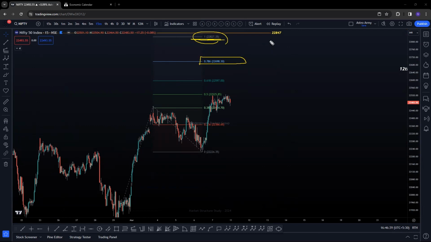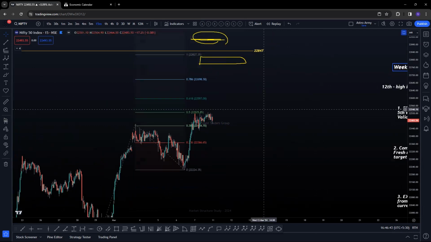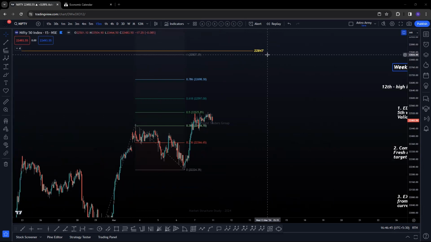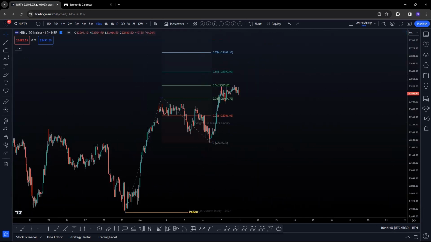But in your ascending triangle conclusion, what did we have? We had a minimum target of 847. So right now, we are in a fifth wave.